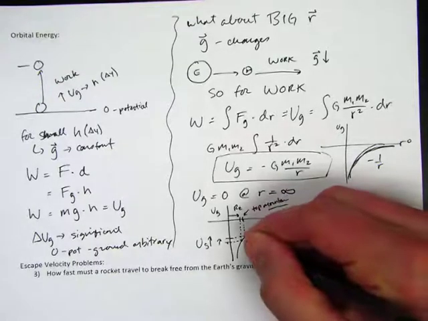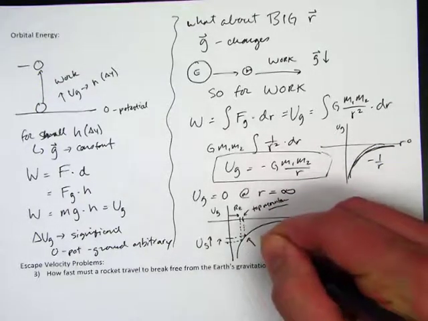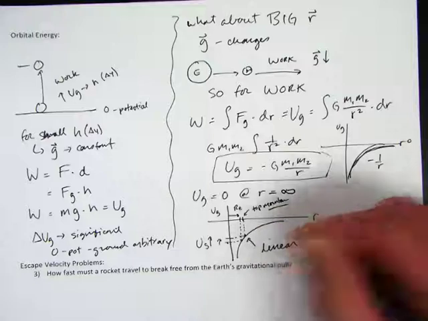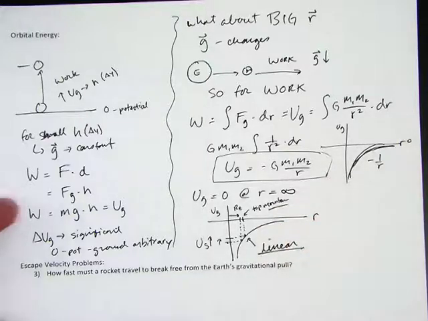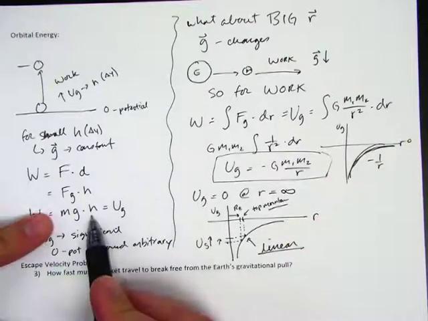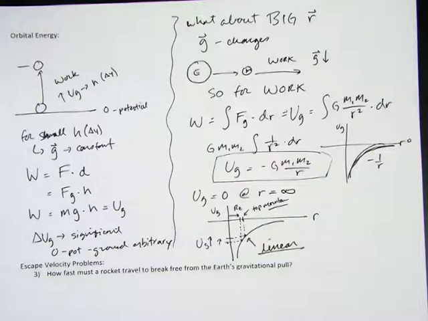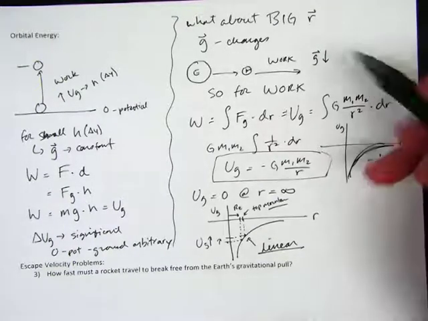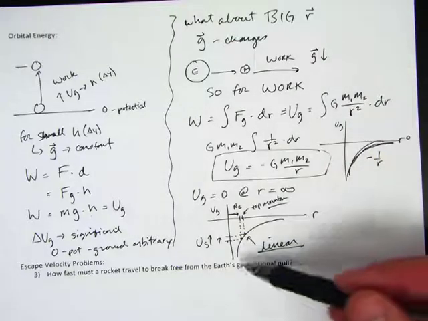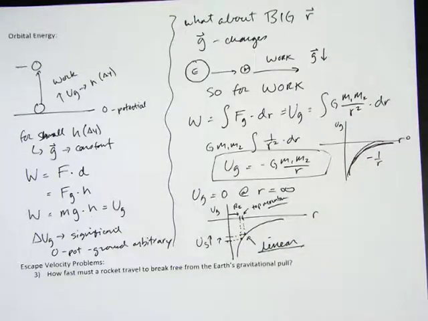And for small approximations, this graph will appear linear, just as you would expect UG to vary linearly with height as I lift something. It's only over these greater distances that you notice the changing, shifting g, therefore the nonlinear nature of this curve.